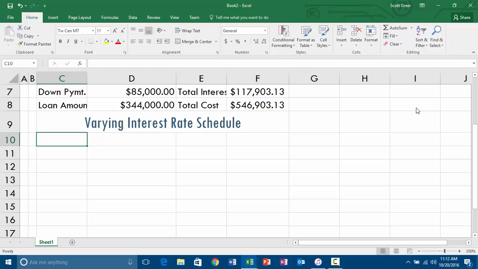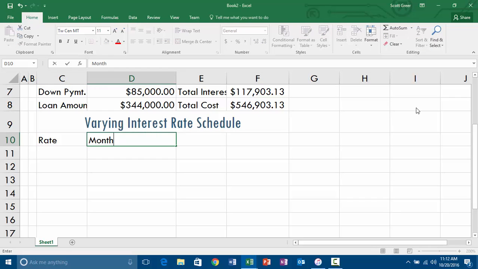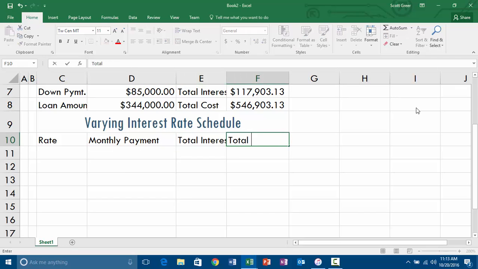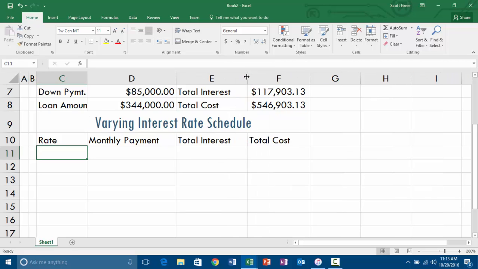What we're going to put on the far left is rate, monthly payment, total interest, and total cost. I'm going to drag E out here. I don't want anybody to freak out thinking I'm not telling you what I'm doing, but I'm just dragging that out so I can see all the words here.